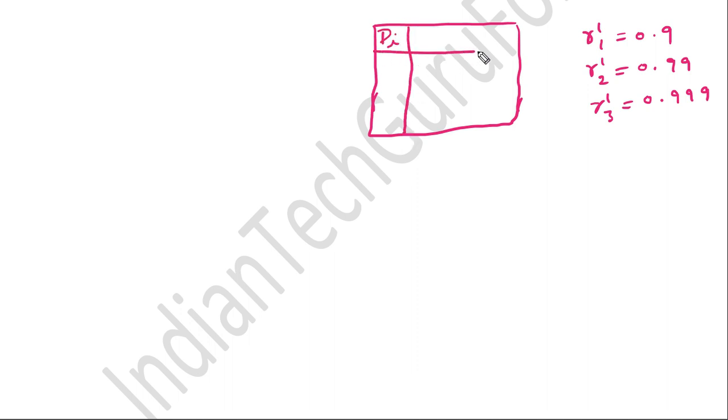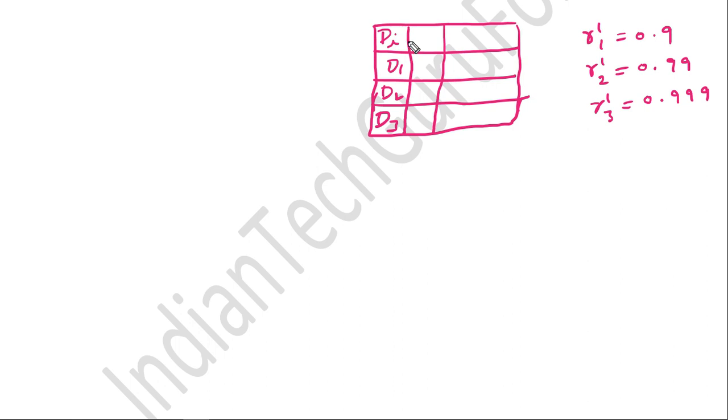So assume a scenario like this. We are having three devices, D1, D2, D3. And these three devices will definitely have some cost, isn't it?